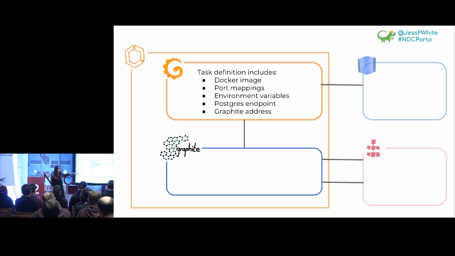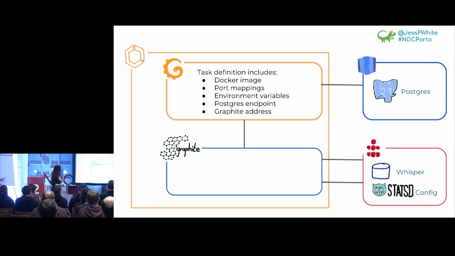The same graphite image, a slightly older version of the Grafana image. So ECS is just containing my Docker instances. The one thing that we do differently is that we have all of our config and our data stored outside the container. This is not the ideal setup. There's some legacy decisions made here.